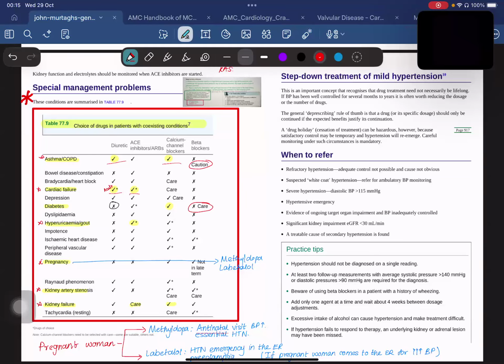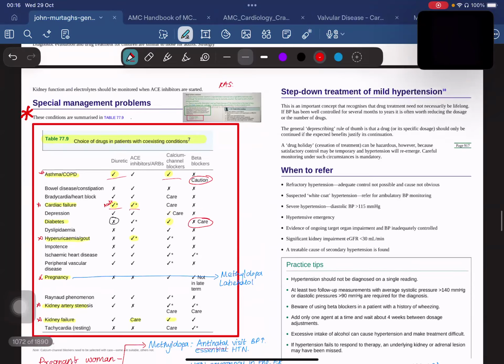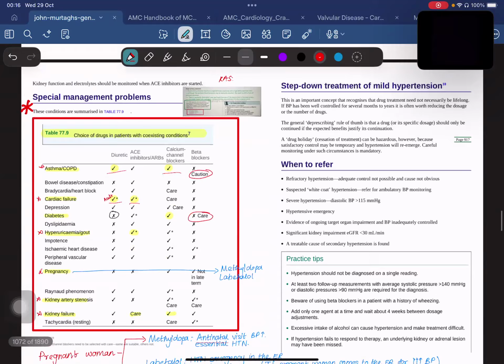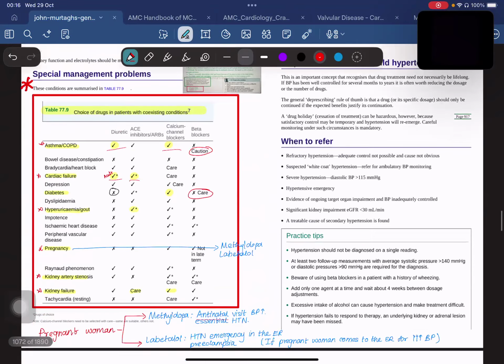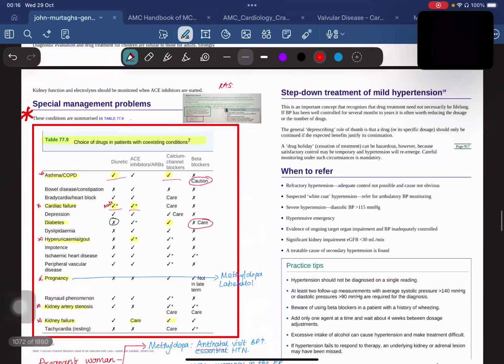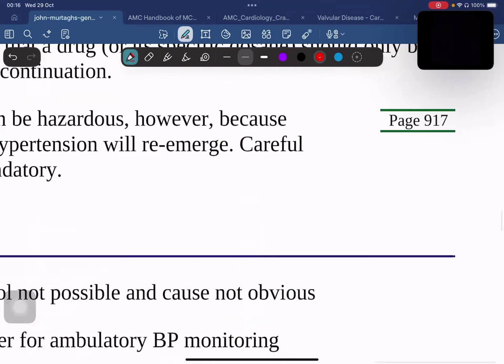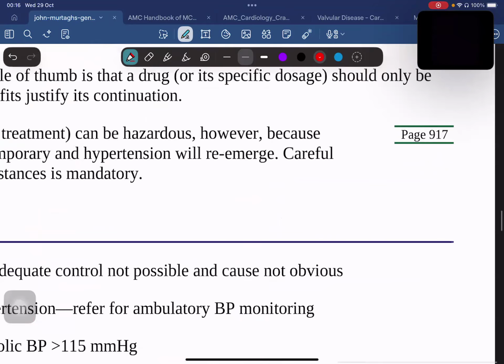Diabetes, hyperuricemia, pregnancy, kidney. If you can take screenshots of these things or just print it out, or find this in John Murtagh, PDF page 1072. Just remember, I've been saying PDF page because the PDF number differs. It says 1072, but the actual page number is 917.